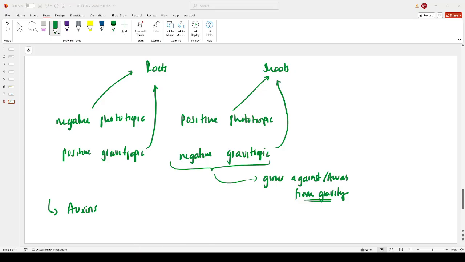Actually, I shouldn't have written auxins. Sorry, hormones. What do plant hormones respond to? Plant hormones respond to light and gravity. Awesome. Are we good on that front? So let's move on. What's another word for gravitotropism? That's it. Geotropism. Let's move on, people.